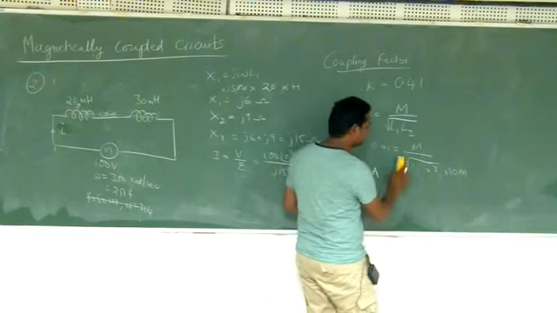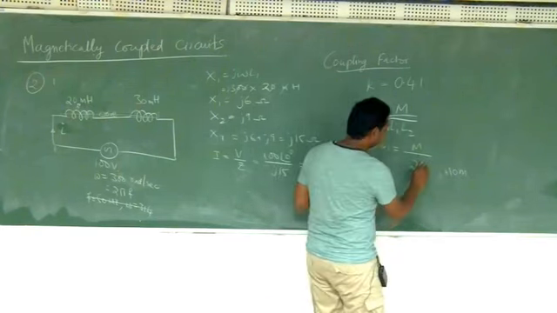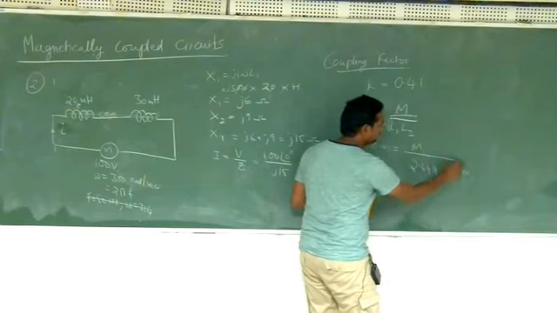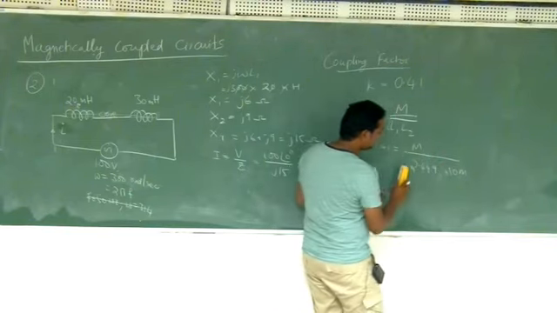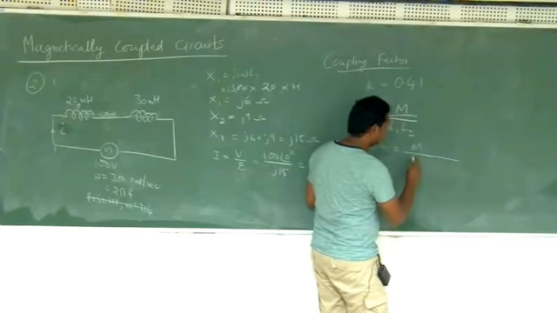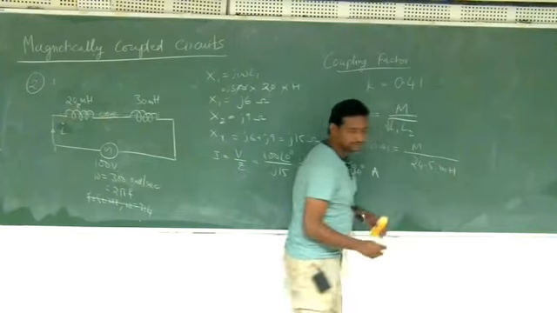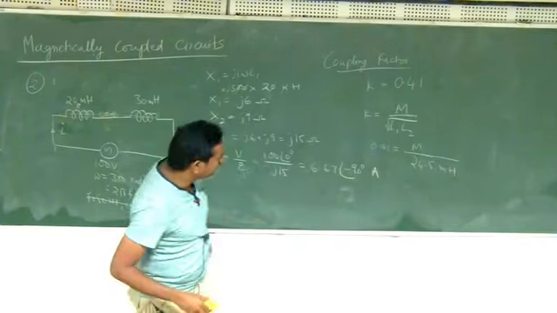How much is the square root of 6? 2.449 into 10 millihenries, or I could say 24.5 millihenries. I just calculated that way.